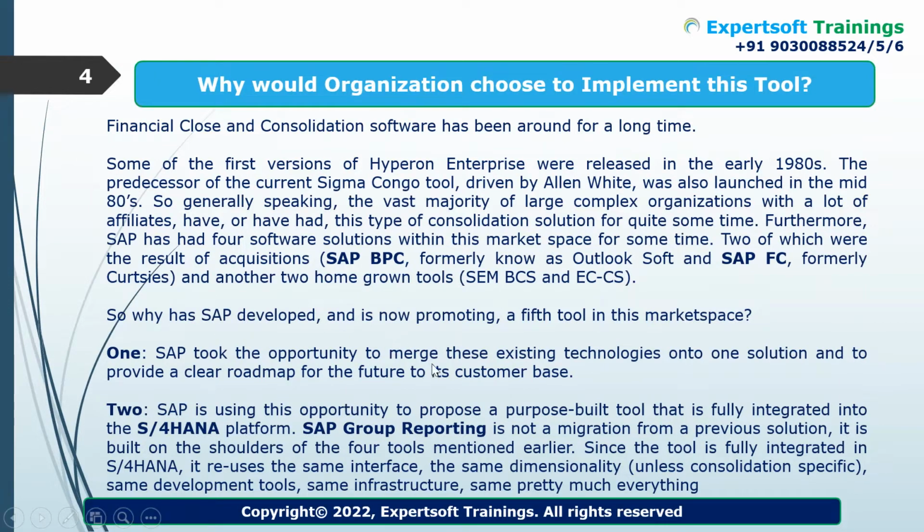Why would an organization choose to implement this tool? In this slide you see a little bit of history. Even before SAP, there were other tools like Hyperion, which has been around since almost the 1980s. When it comes to SAP, initially we had ECCS, the module called ECCS.